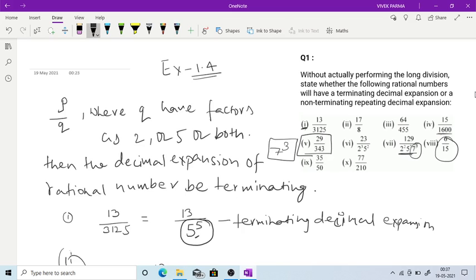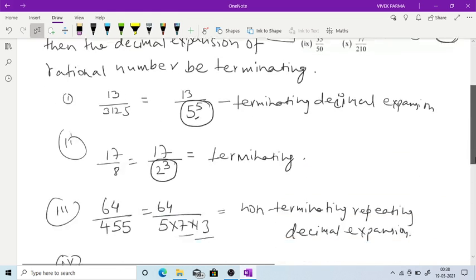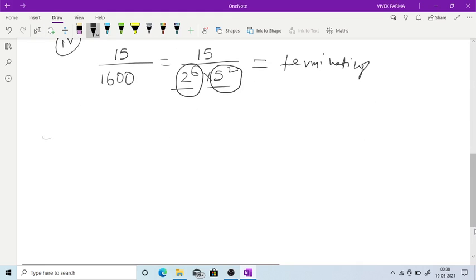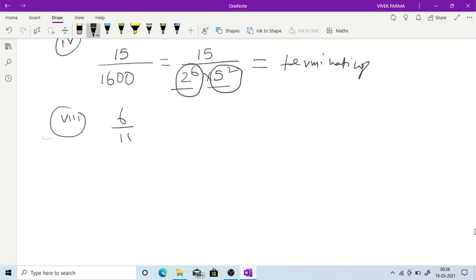See here, this is a confusing question, question number 8, right? 6 upon 15, which can be written as 3 into 2 upon 3 into 5, that is 2 upon 5, right?